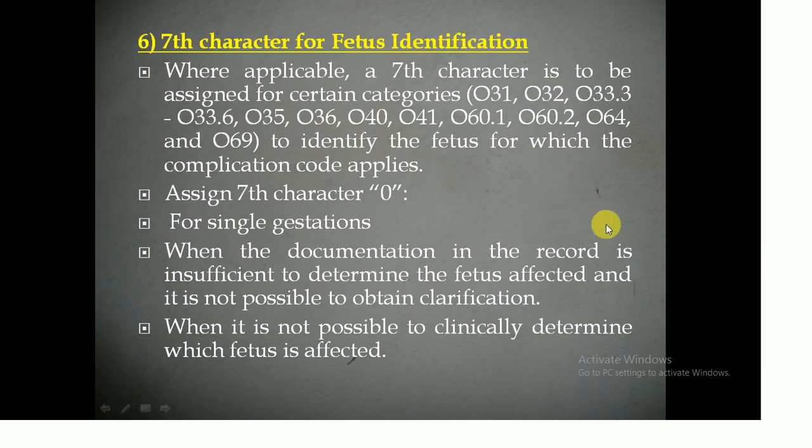We will see the remaining coding guidelines. Seventh character for fetus identification. Whenever applicable in ICDs of pregnancy, we have a few codes where you can identify the fetus in the seventh character. Here you can see some of these codes, it identifies the fetus. In order to understand, we will see the ICD.